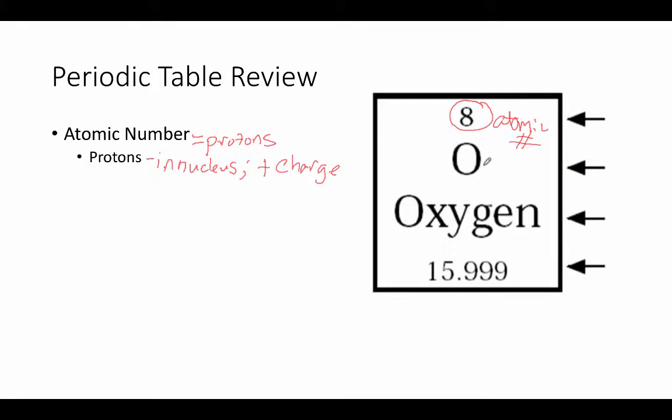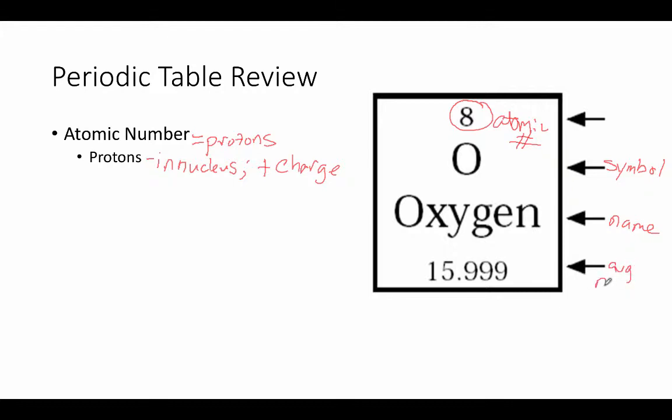The symbol here is just the single capital letter, or the capital letter with a lowercase letter next to it. In this case, oxygen only has the capital letter. So this is our symbol. The word is the name. And then the number that has the decimal on it is our average mass.